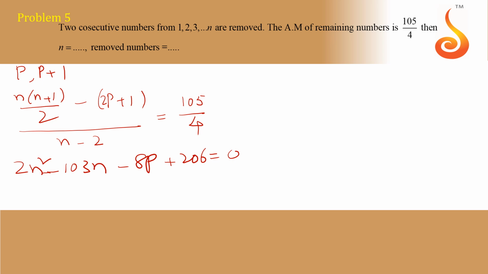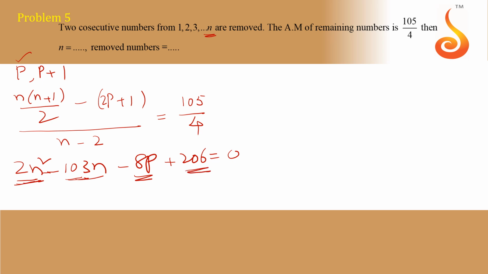Observe this equation carefully, because n and p are both integers. 103, I think, is a prime number, an odd number. 2n square, whatever n may be, since it is an integer, is an even number. 8p is an even number. 206 is an even number.